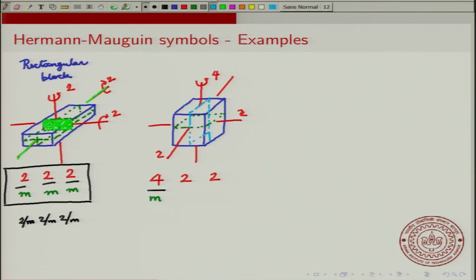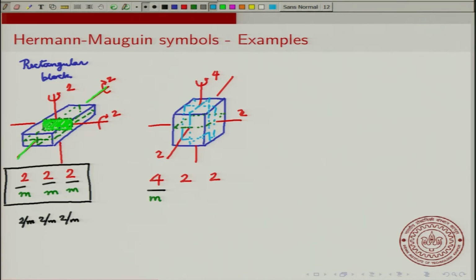You have another mirror that contains the other axis, that is perpendicular to this 2 axis. So this mirror is perpendicular to this 2 axis, and this mirror is perpendicular to this 2 axis. But there are two other mirrors.